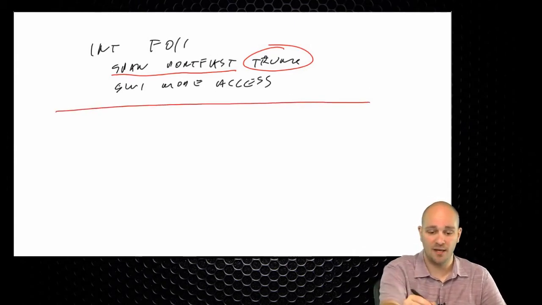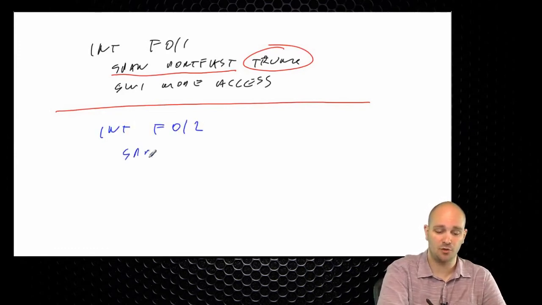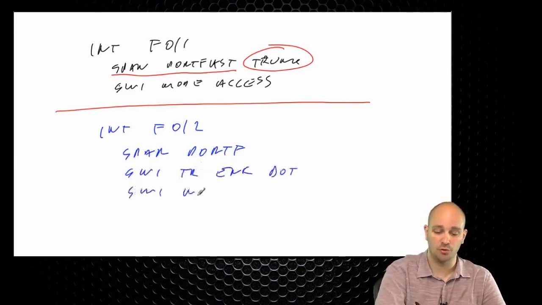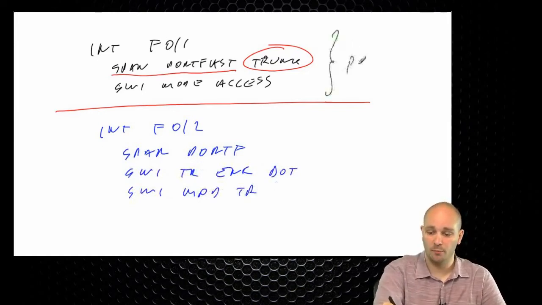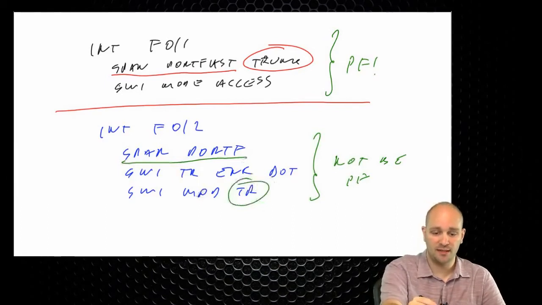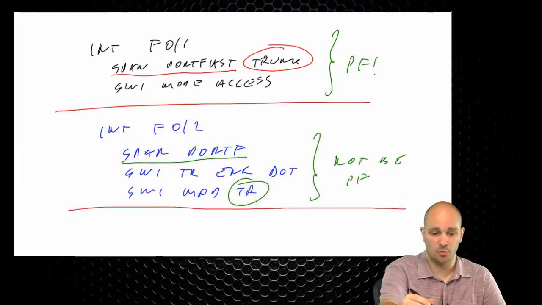So if we had a configuration that looked something like interface FastEthernet 0/2 and we had spanning-tree portfast configured, and we had switchport trunk encapsulation dot1q and switchport mode trunk, then this one here will not be Portfast, because spanning-tree portfast here does not include trunks. So if you want this interface FastEthernet 0/2, let's do the third example here.